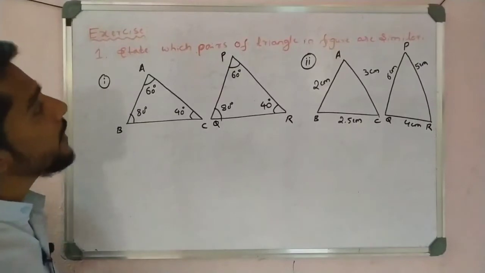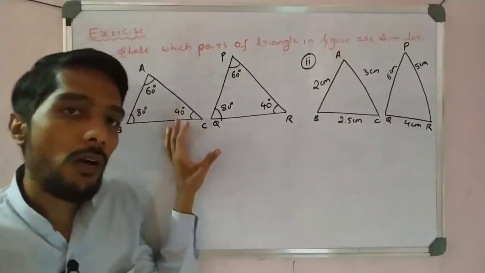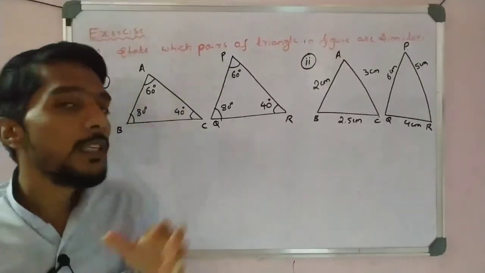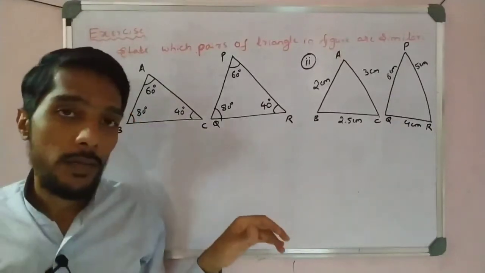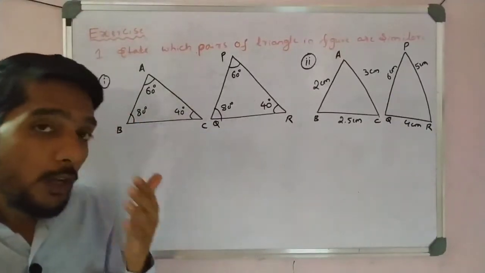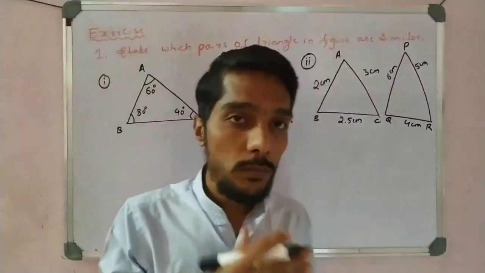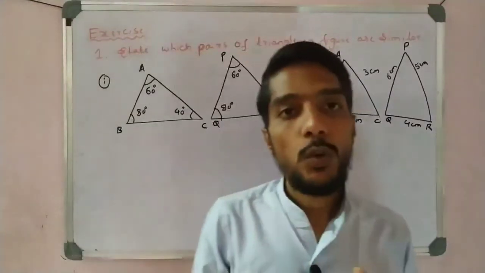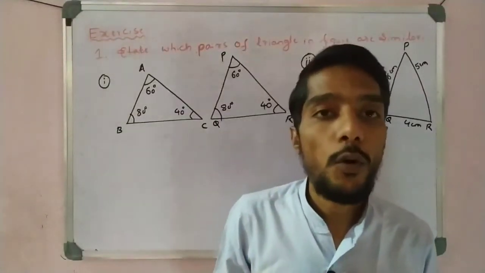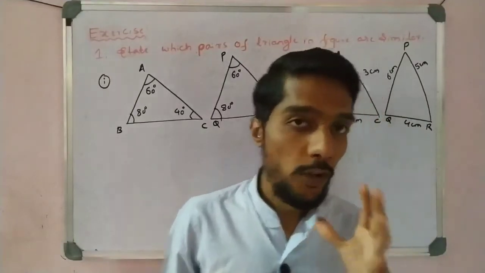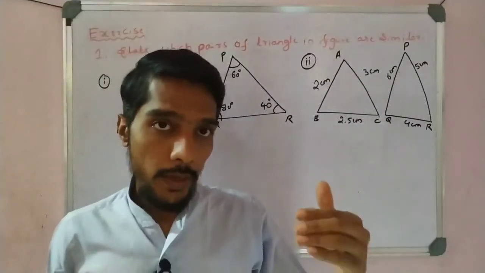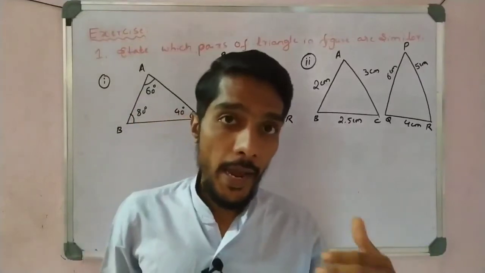Now we have to say whether triangle ABC is similar to triangle PQR or not. If you want to say about similarity of triangles, we use the four theorems: AAA, SSS, AA and SAS.